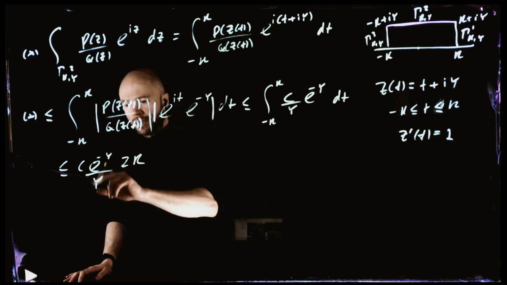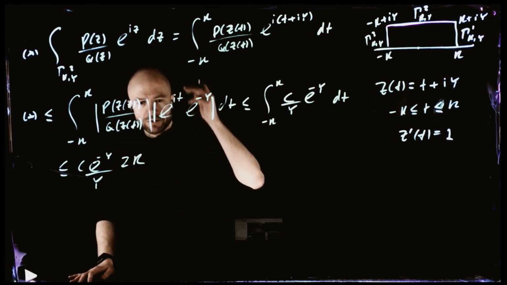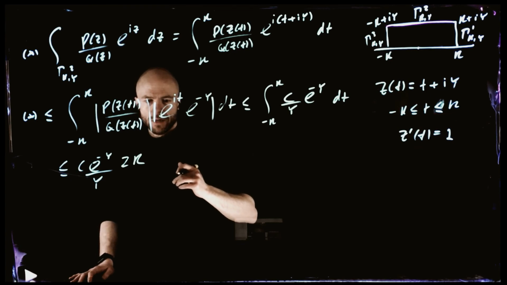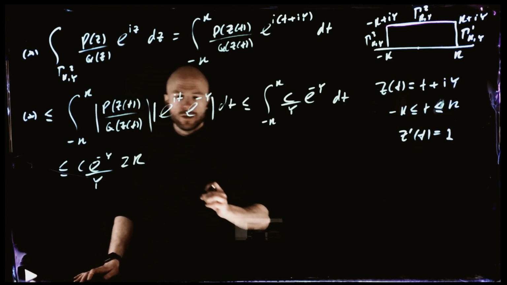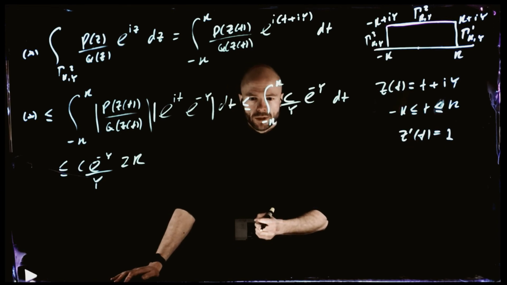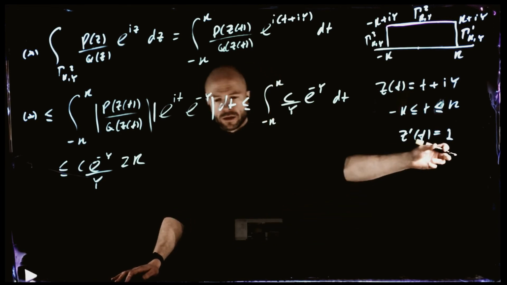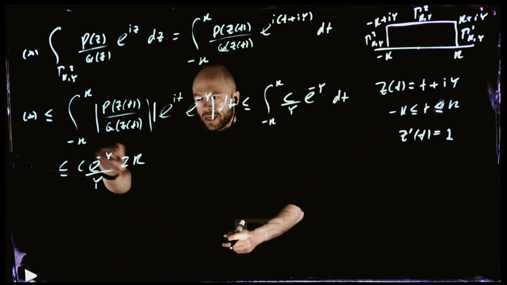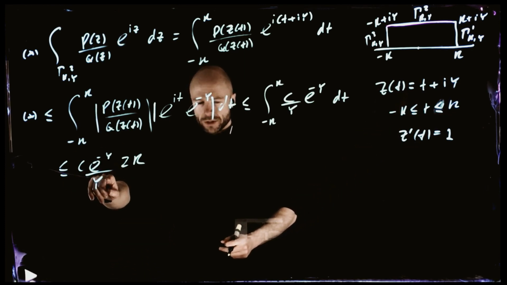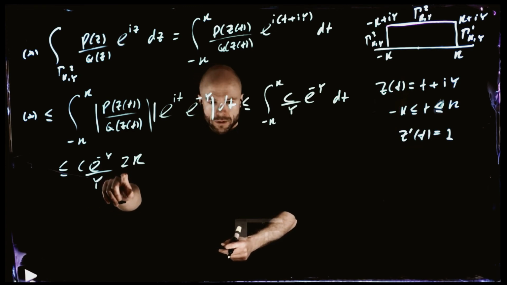And in terms of controlling it as y increases, we have more than we need, right? So we don't even need this 1 over y because e to the minus y is going to 0 very, very fast as y increases. However, r is obviously blowing up. So we have to take our limits in the right order. The last thing we controlled was less than a constant times 1 over r. This thing is less than this expression, which is good if we take y going to infinity, but not good at all if we take r going to infinity.